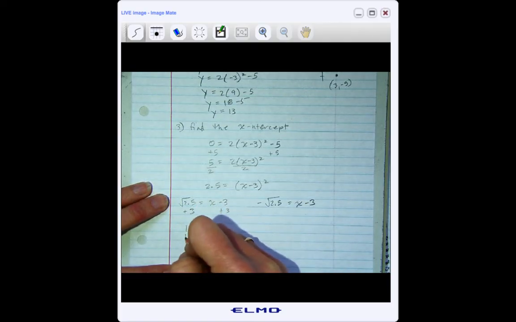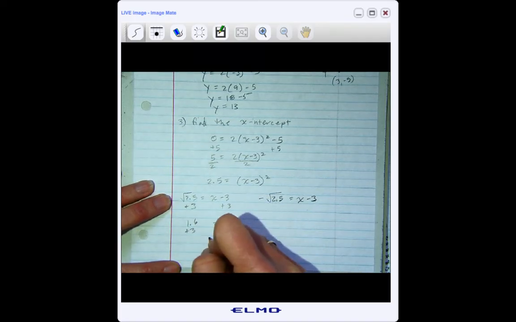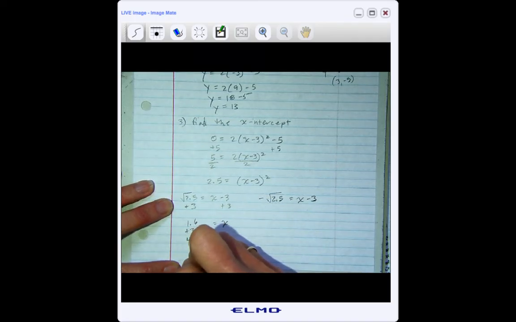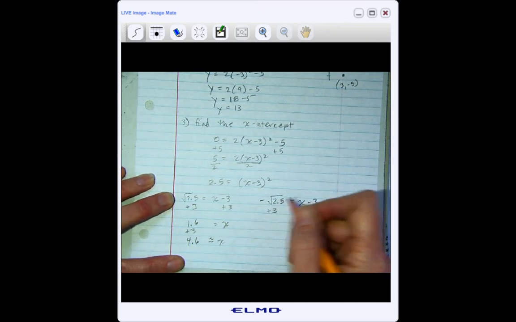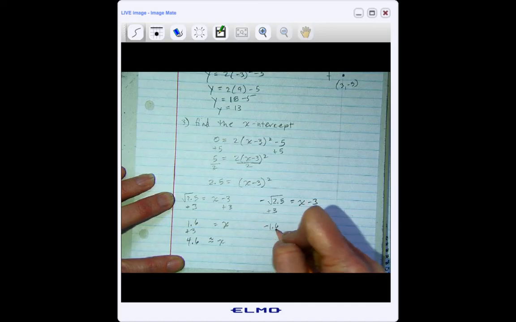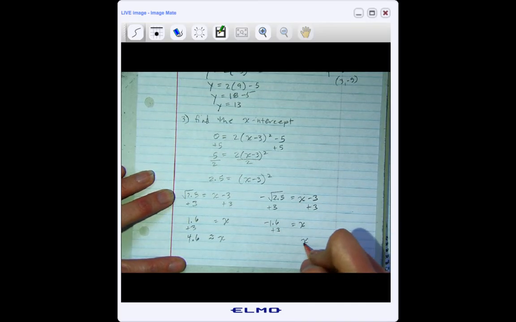Okay, plus my 3. So I'm going to get x is approximately 4.6. This one I'm going to add 3 to this. Okay, so I'm going to do negative 1.6 plus 3. So I get x is approximately 1.4.